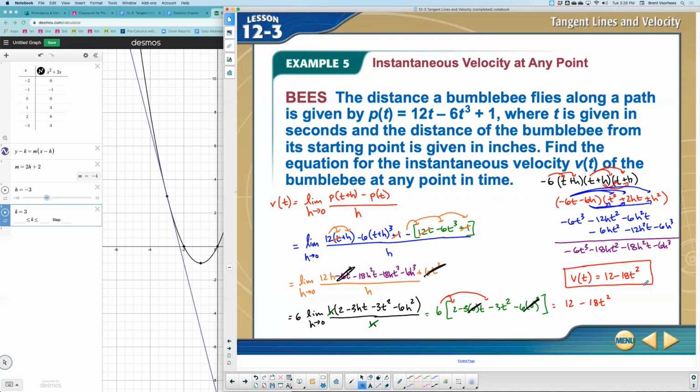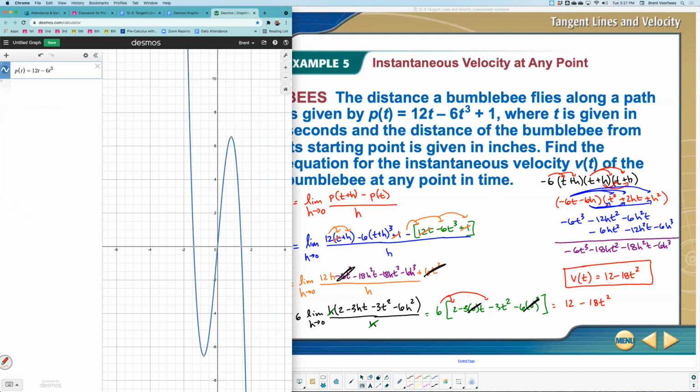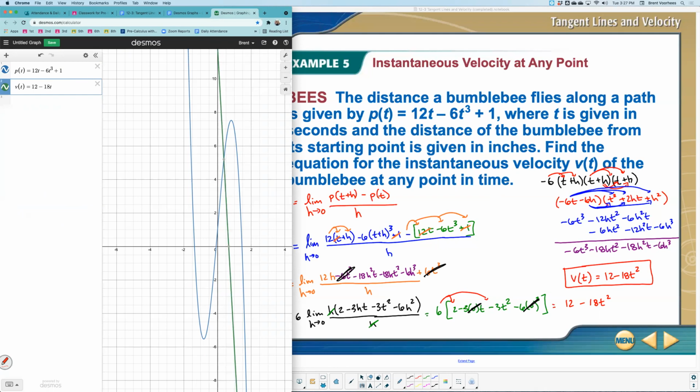And so again, if you wanted to relate this to the graph, like what does that do for me? Let me graph the first function here, p of t equals 12t minus 6t cubed plus 1. And we're saying the velocity function is 12 minus 18t squared. Okay, so when you look at them, they don't look alike at all.